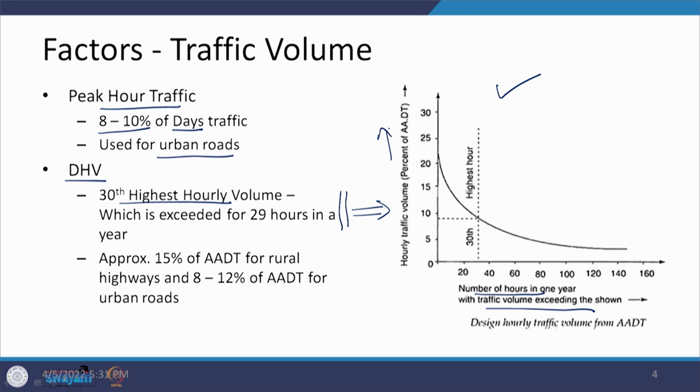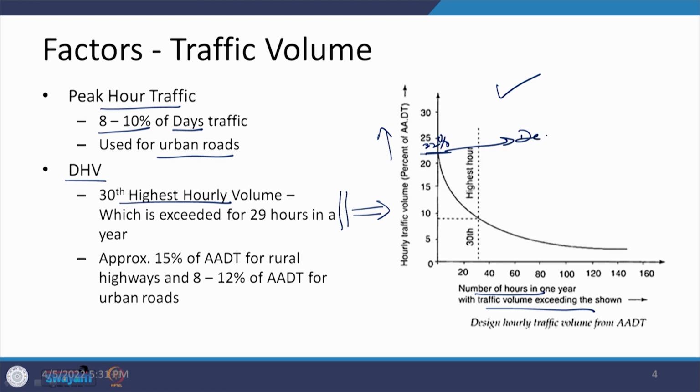Both ways are good enough. What you see is that the highest value is somewhere around 22, but what we are talking about is the 30th highest hourly volume. So, this 22, which is 22%, we can design a facility for this also.